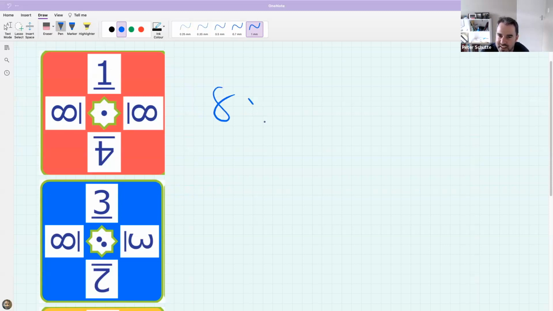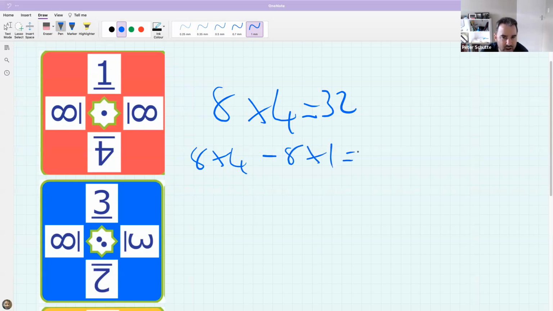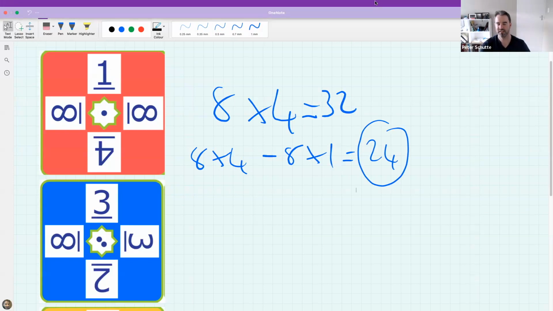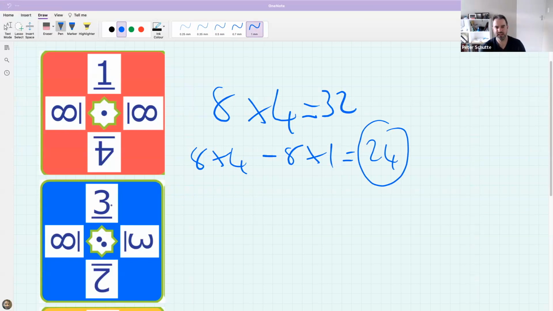Oh wait, 8 times 4 is 32. And then minus, so 8 times 4 minus 8 times 1. Oh, there we go. And then there we go. Brooklyn and Lissakanya also got that. So well done. So we got 24, and see if we can get 24 for the blue one.